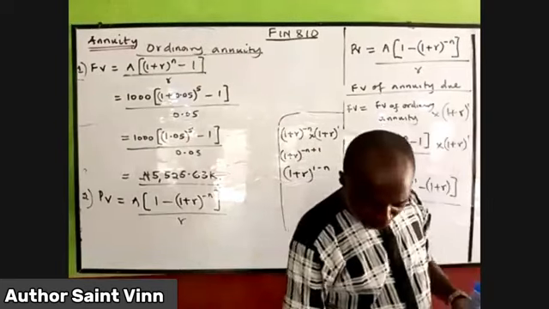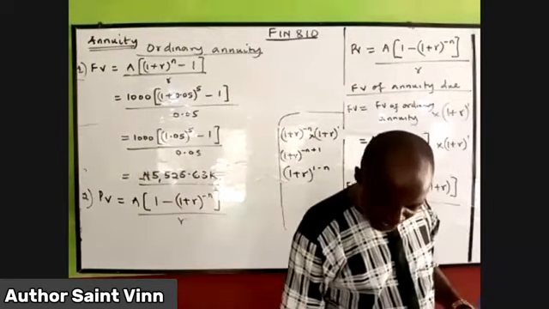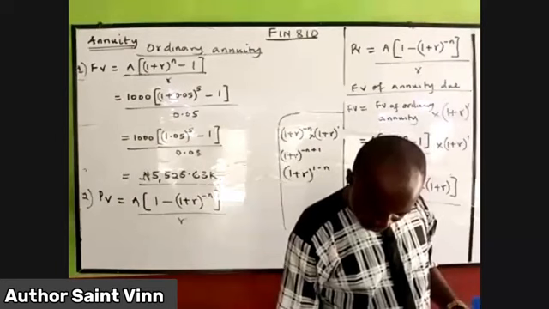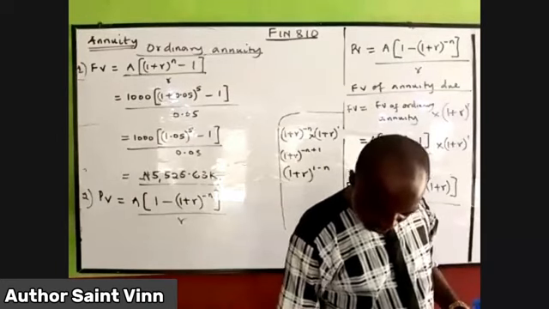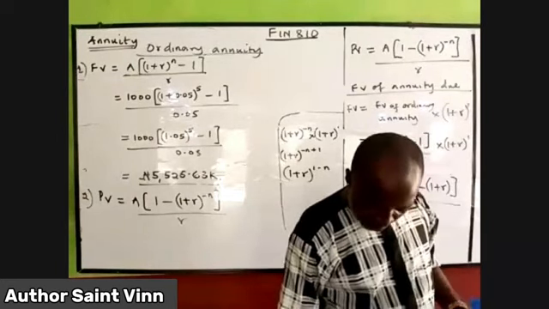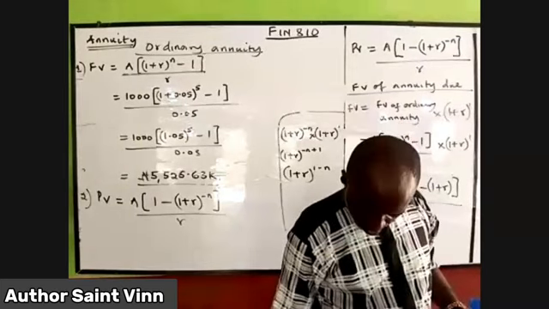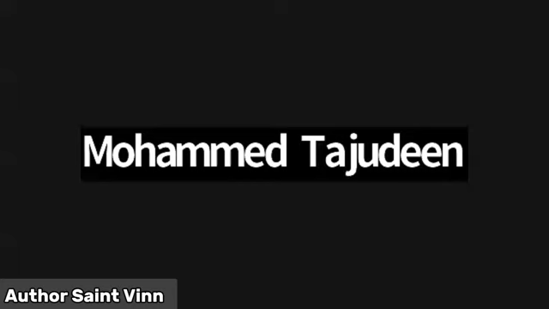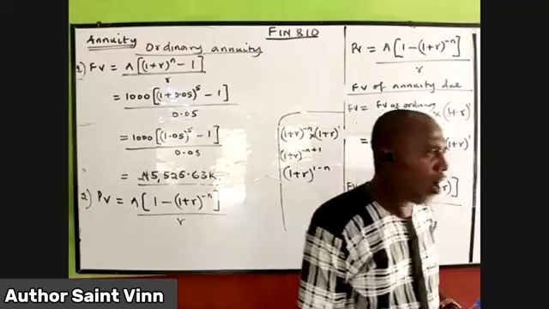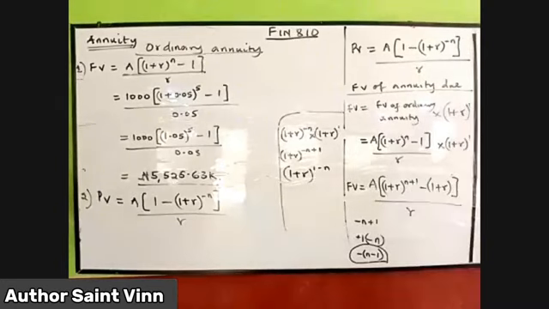Some haven't finished, they still need to look for the calculator. Anyone who got an answer? He says 2,225 naira 91 kobo. Good, you're correct. You are a finance person because you are registered for finance.